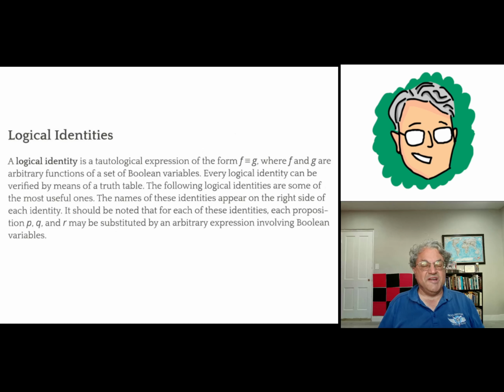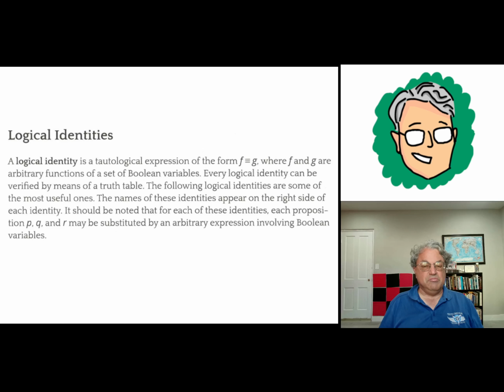Yesterday I talked about tautologies and contradictions, but logical identities are very useful tautologies. They're tautologies that are pretty easy to memorize, and they're used a lot in making logical arguments. And we'll see how that's done in a couple lessons.